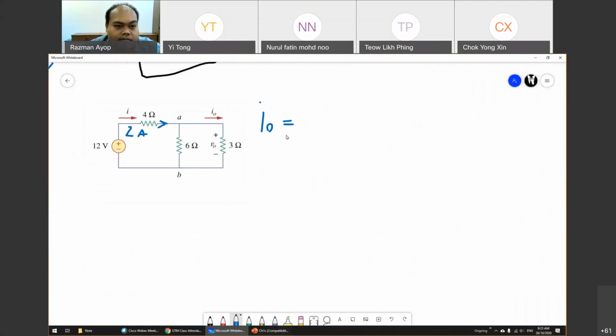Remember, you have to flip because you want to find the current here. You have to use the resistance here. So 6 divided by 6 plus 3. I is 2.